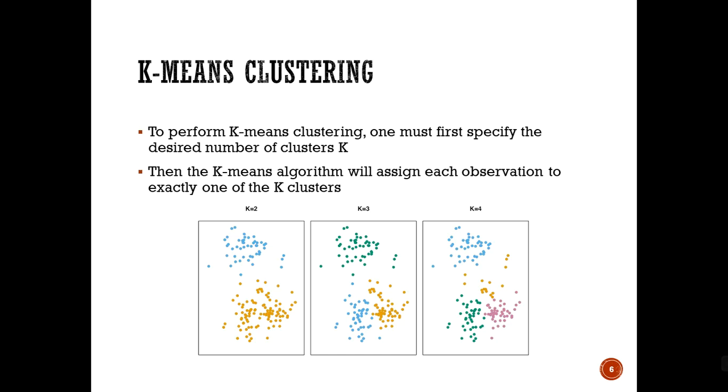For example, we can use square distance in two directions for k-means clustering, and we want to find the partition C1 through Ck to minimize the total within cluster variation.